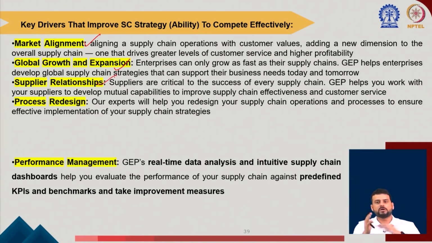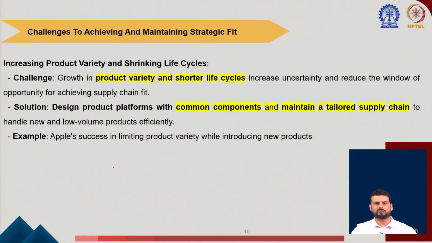Supplier relationship, collaborative approach, how you can minimize the sources, cost of acquiring the raw material, supplier collaboration, process redesign. If any inaccuracy is there with the process, you need to update the process, and then obviously you need to track all the KPIs whatever you have recorded and you want to target.